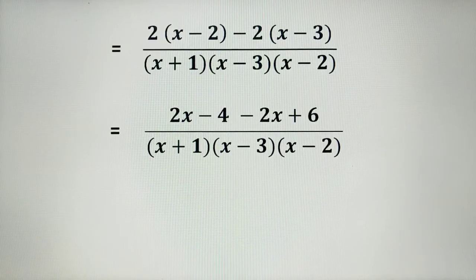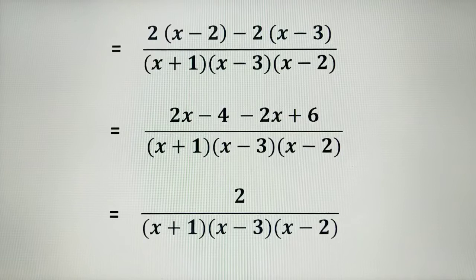Then we are going to simplify the numerator by combining like terms. We have 2 because 2x minus 2x is 0. Negative 4 plus 6 is positive 2 over the denominator x plus 1 times x minus 3 times x minus 2.